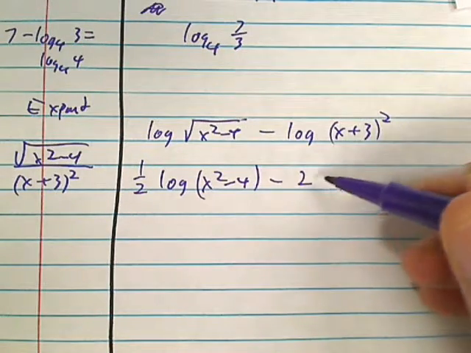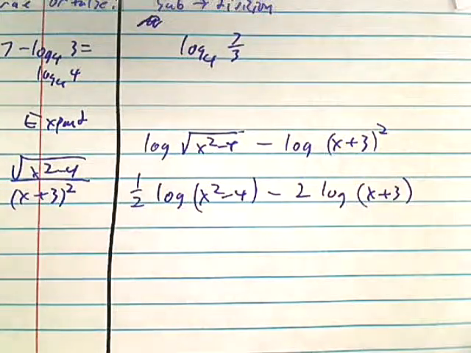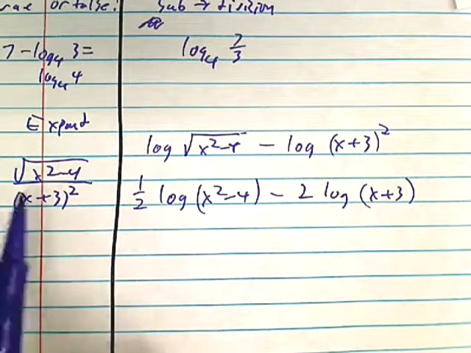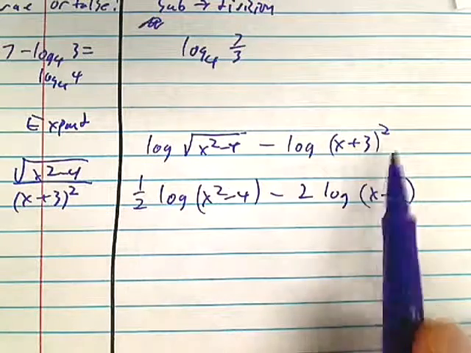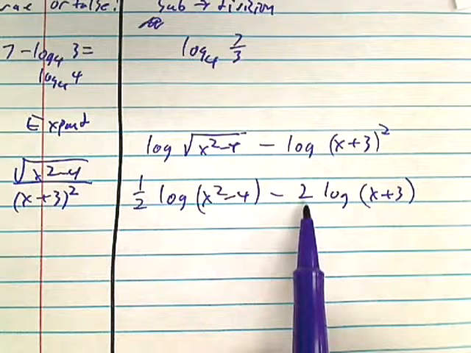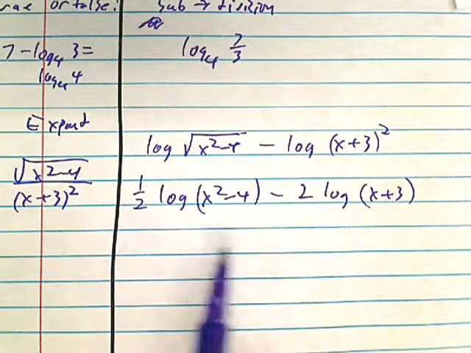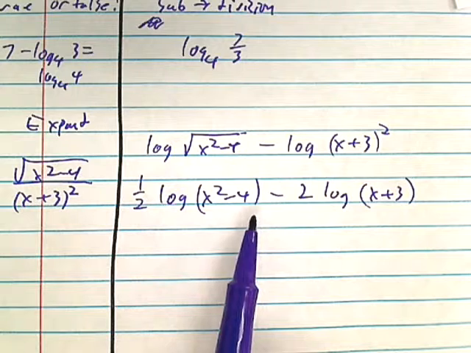Put it as a coefficient: 2 log of x plus 3. So step 1, I changed that division in the middle into subtraction, and then that's an exponent of 1/2, and that's an exponent of 2. The final thing we need to do is factor x squared minus 4. Go ahead and try that.